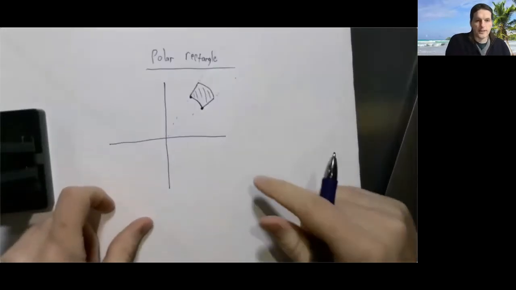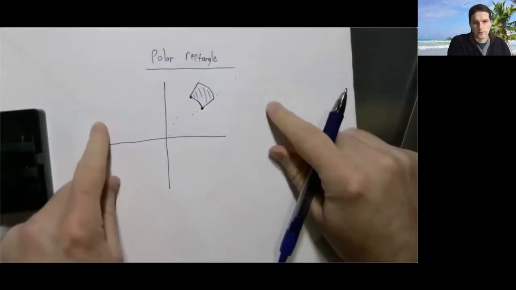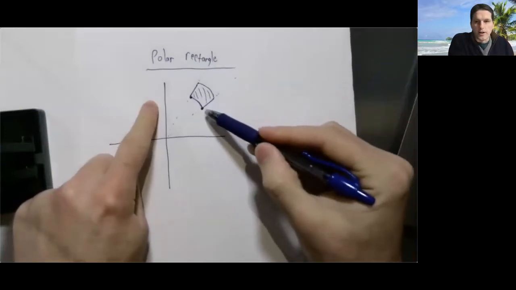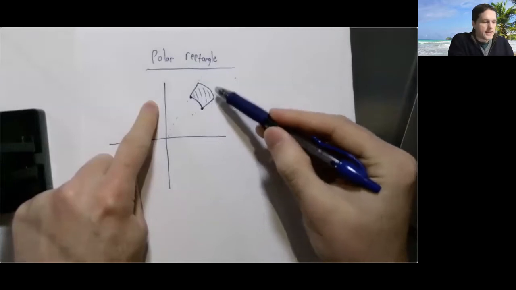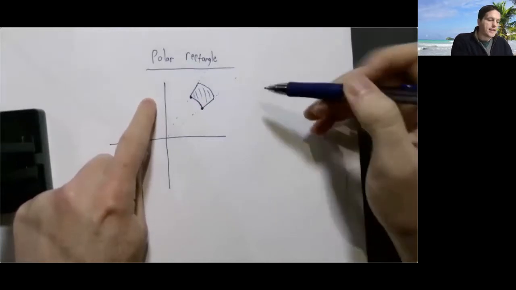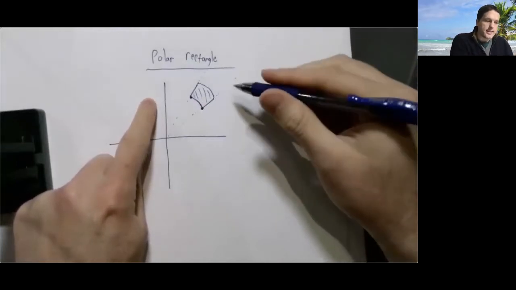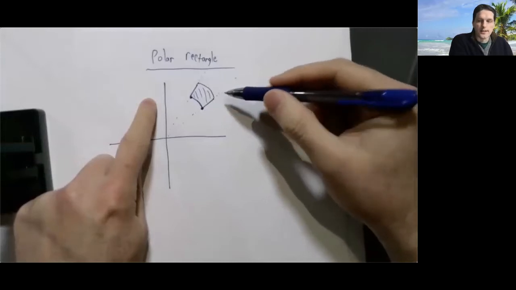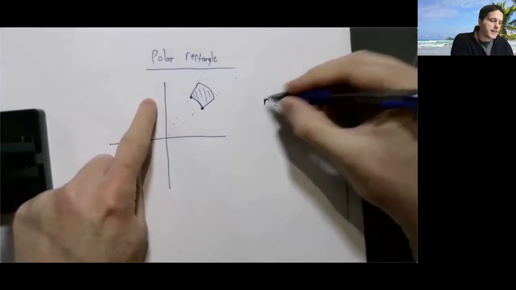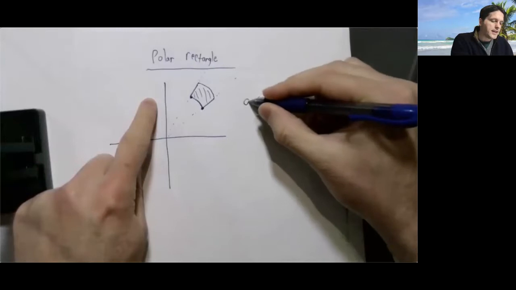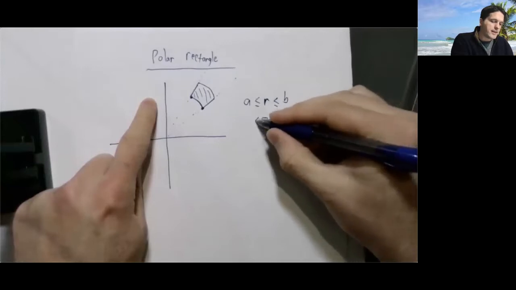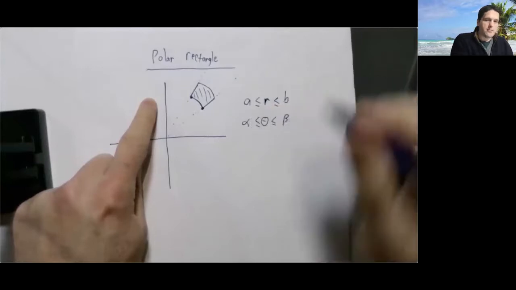Another shape that can be described easily using polar coordinates is what's called a polar rectangle, which looks like this. This inner curve is part of an arc of a circle of radius a. This outer curve is part of an arc of a circle of radius b. And if we're using polar coordinates, then this polar rectangle consists of all points r, theta which satisfy: r is between a and b, and theta is in between alpha and beta.